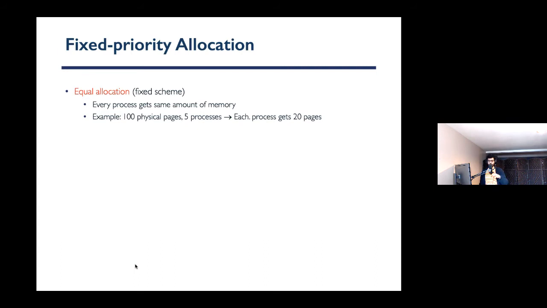Now, before talking about how you do that or what the ways of doing it are, one important thing is, if you do allocate memory to applications, then you have to modify your replacement policy. Because as I said, the replacement policy just looks for a victim to evict. That's the job of the replacement policy.